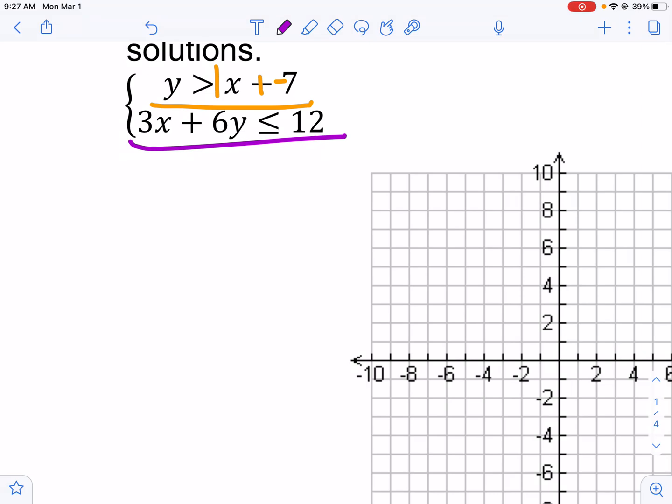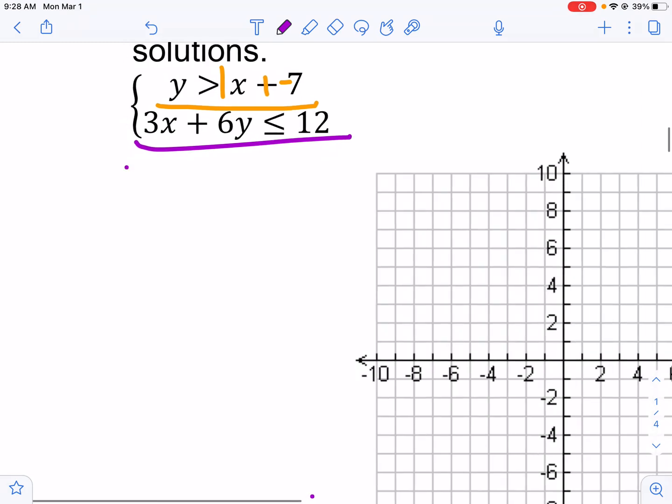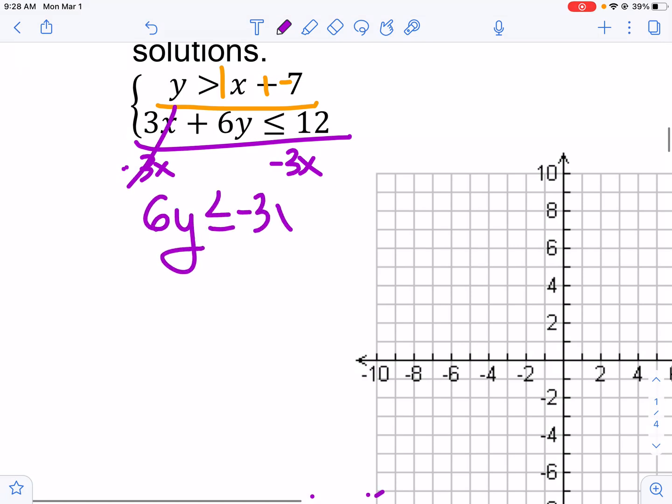Go ahead, pause the video, try to rearrange it on your own, and then come back and check your work with me. All right. So in order to rearrange, I'm going to subtract the 3x from both sides. So I have 6y is less than or equal to -3x plus 12.